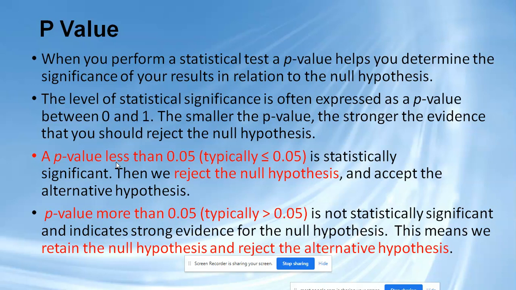Then there is something called the p-value. Whenever we run tests of hypothesis testing like correlation analysis, multiple regression, t-test, z-test, chi-square test, in the result we always see a value called the p-value. Now, what is the p-value? Whenever we perform a statistical test, a p-value helps you determine the significance of your result in relation to the null hypothesis.